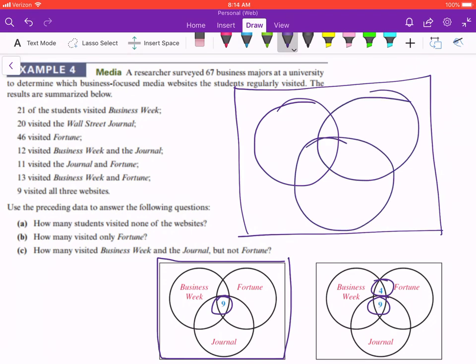Now, first of all, I want to tell you that this problem talks about some websites for some particular journals. At the beginning of the problem, they referred to the Wall Street Journal, but then as the problem goes on, they just call it journal.